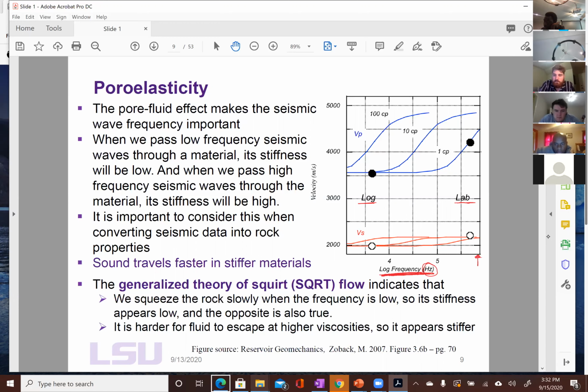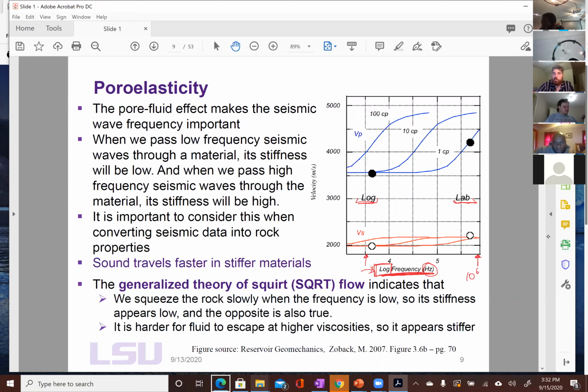Is it 6 hertz or 10 raised to the power 6 hertz? So it's 10 raised to the power 6 hertz. So it's usually on the order of 1 megahertz. And I mentioned that in the videos. Whereas the one for the log is on the order of kilohertz.